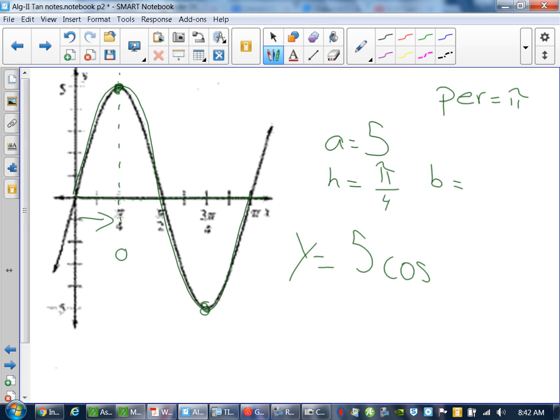Your period for cosine is 2 pi over B. So if the period here is pi, what's your B value? 2. Okay. I accidentally skipped finding the B value. So now I have 5 cosine 2 x minus pi over 4.